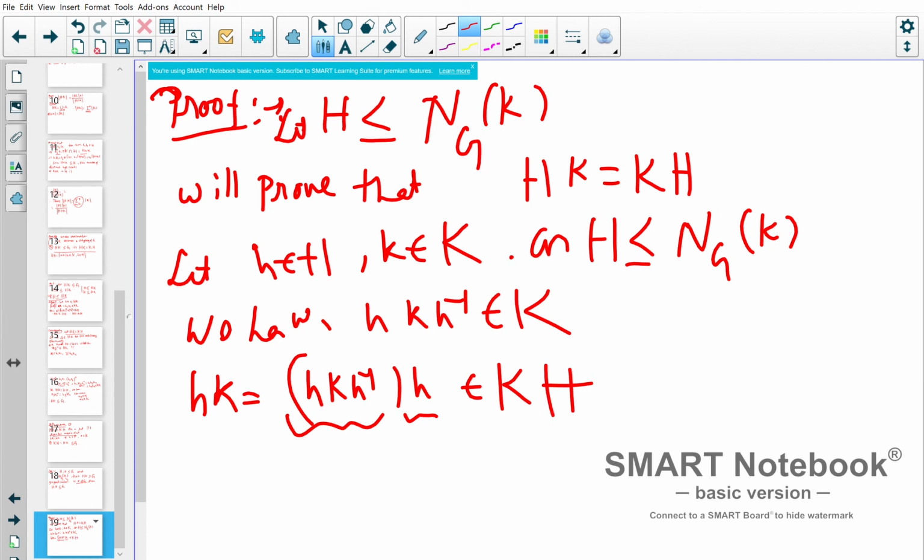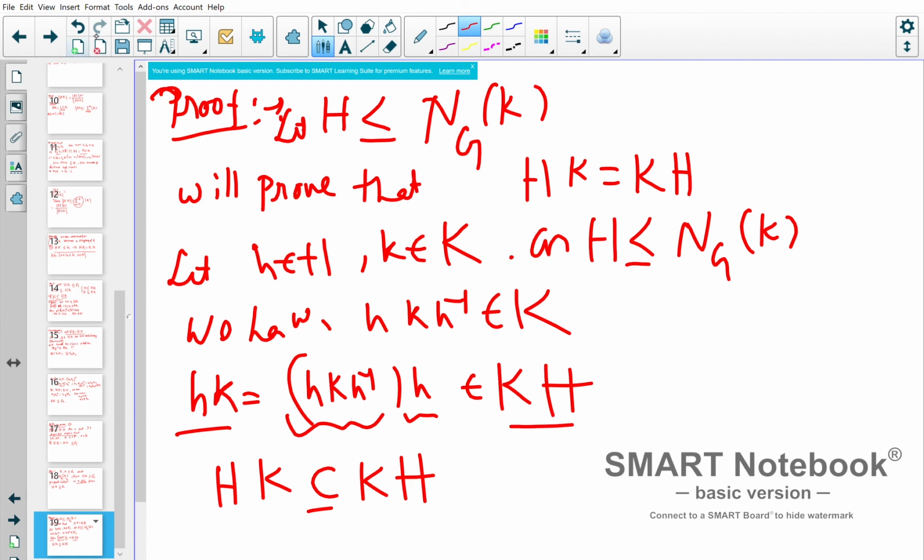So what I just proved is that every element of HK is an element of KH, so HK is a subset of KH. Clear?